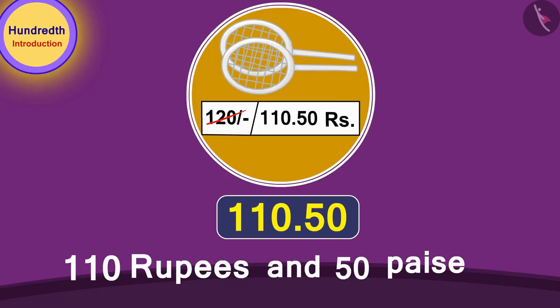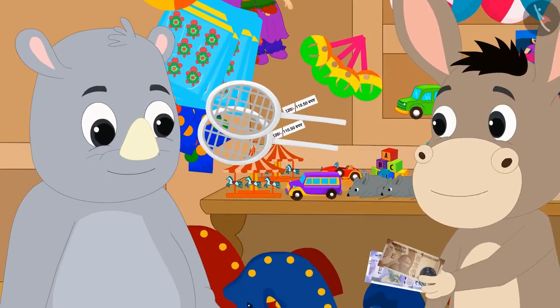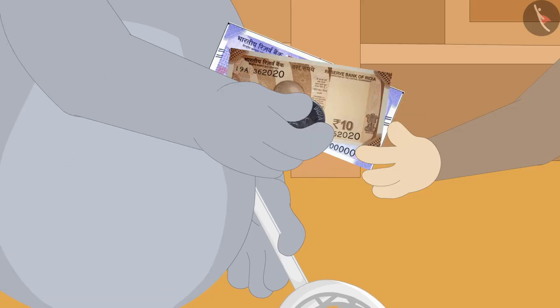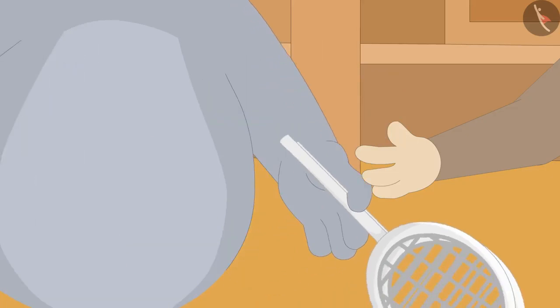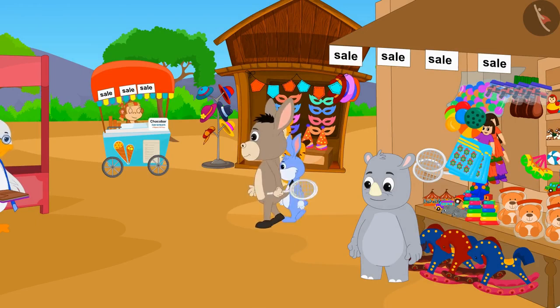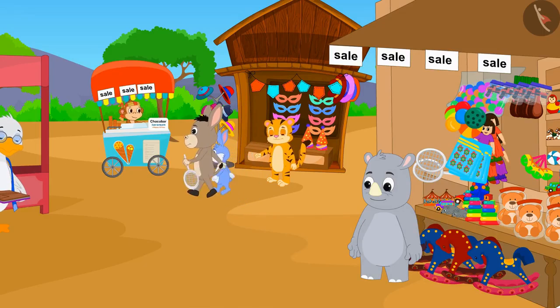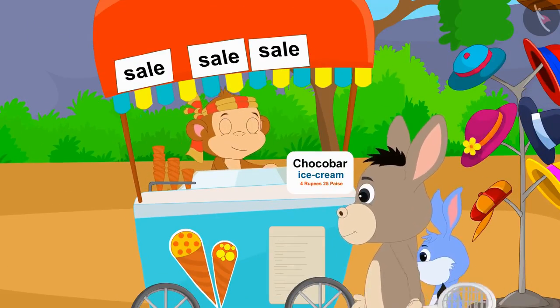Bunny explained to Bhola. Bhola quickly understood. Bhola bought the badminton racket by giving 110 rupees and 50 paise to Gaggu. Now, both of them have come to eat ice cream at Babban's ice cream stall.